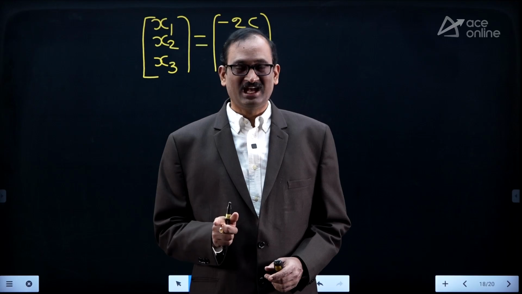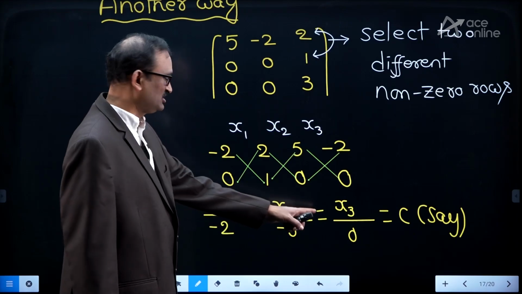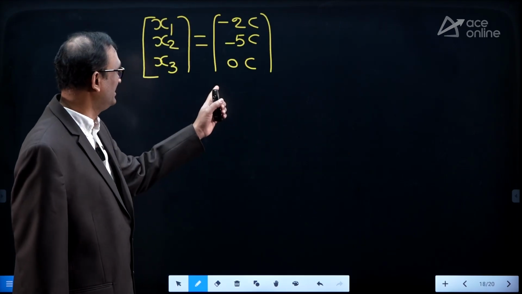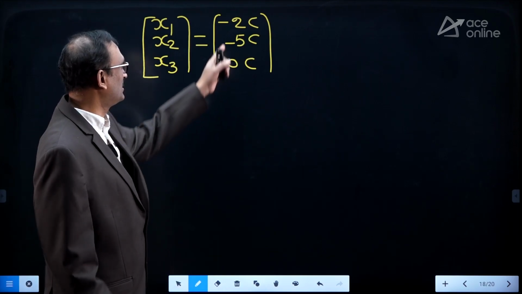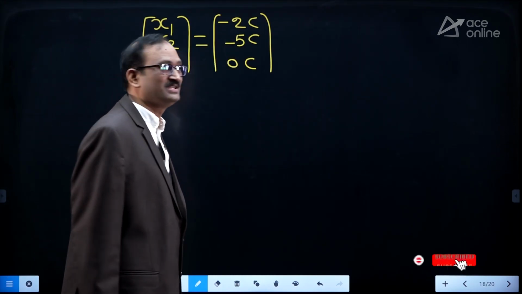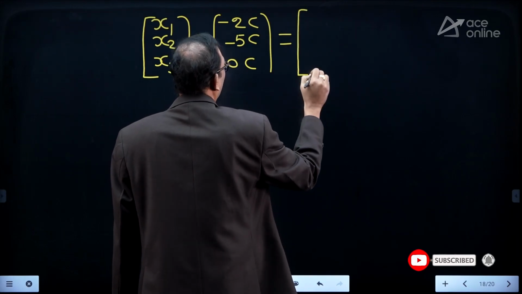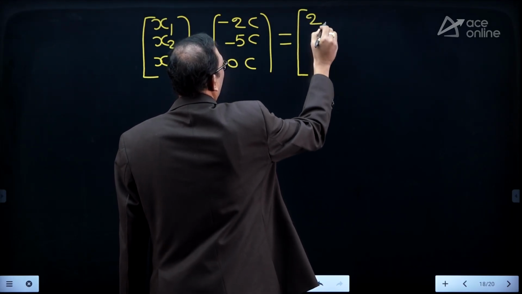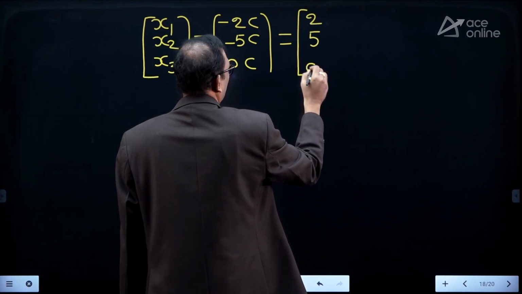So our original eigenvector is minus 2, minus 5, 0 multiplied by C. Now to convert that minus sign to plus sign, multiply your original eigenvector by minus 1. C equal to minus 1: minus 2 into minus 1, minus 5 into minus 1, 0 into minus 1, 0.